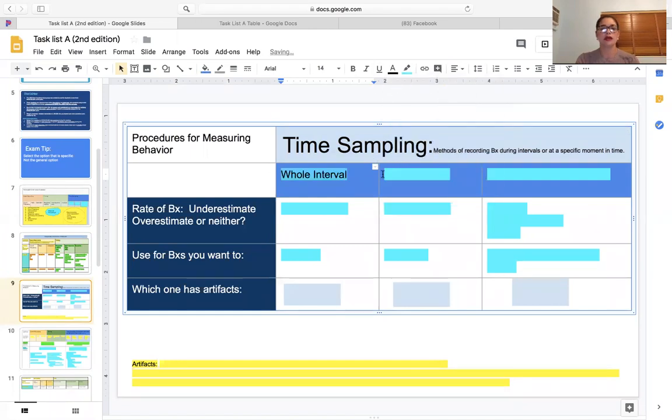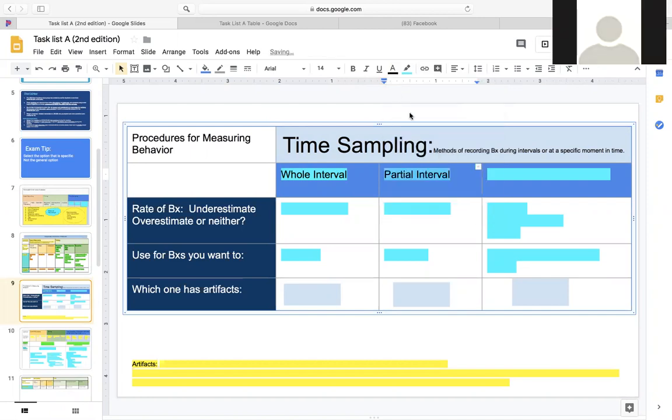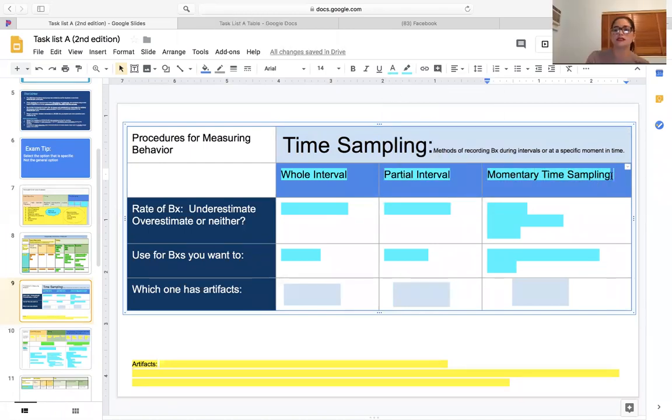So we have what Mott said: whole, partial, and momentary time sampling. And guys, under momentary time sampling, there's another one that only goes in momentary time sampling, but it's for a group. Which one is that one?